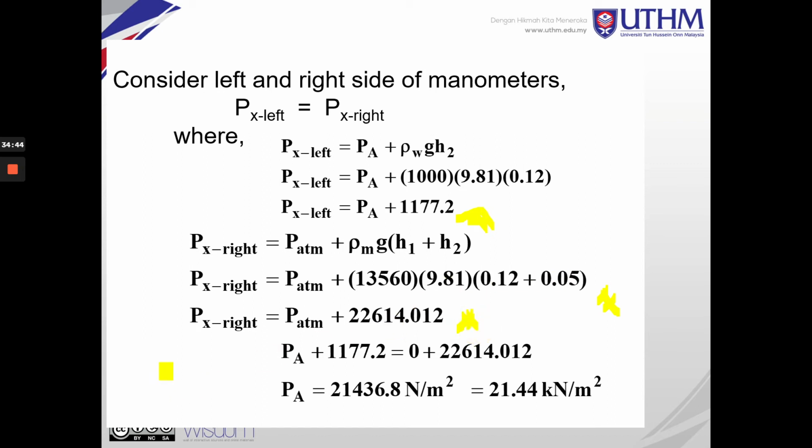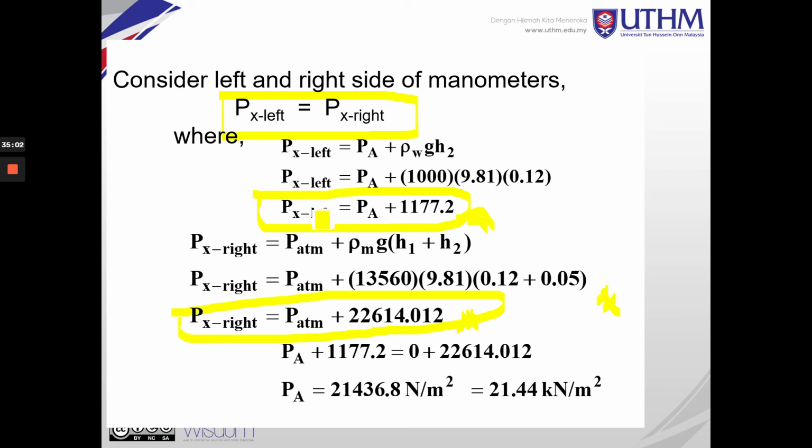So using Pascal's law, you must use this equation: P left is equal to P right. Just put the left and the right into this equation and also this equation.